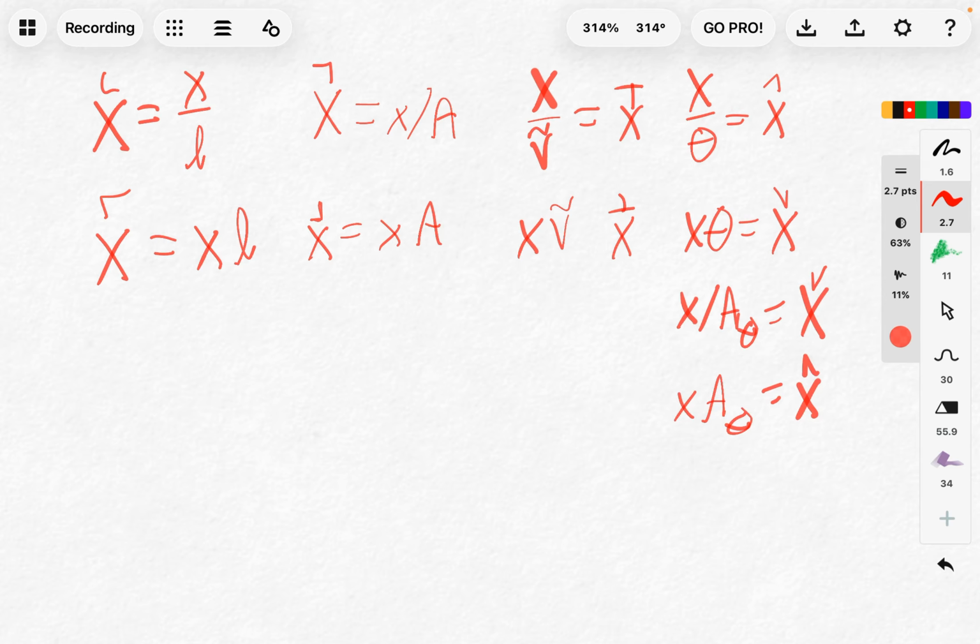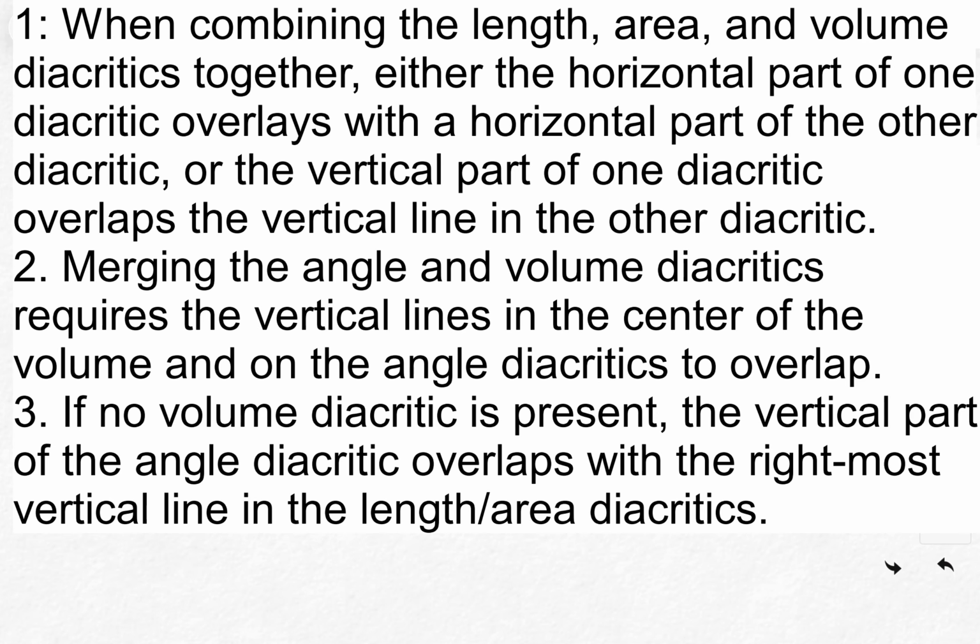And then you might have multiple of these diacritics on one letter. So what you want to do is you just want to combine them in a slightly different way. Instead of just doing something like this, because this could get very tedious and annoying, and it just starts to look messy, you combine the diacritics with a few certain rules, and I will put these rules on screen now.